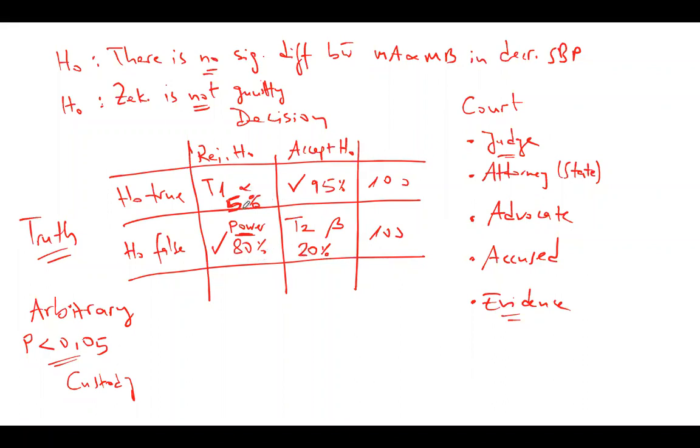What will happen with this? We don't call it the power, by the way, although it is the possibility of accepting H null when H null is true. So accepting H null when it is true means what? Not guilty. The truth is he is not guilty, and you say I accept H null.